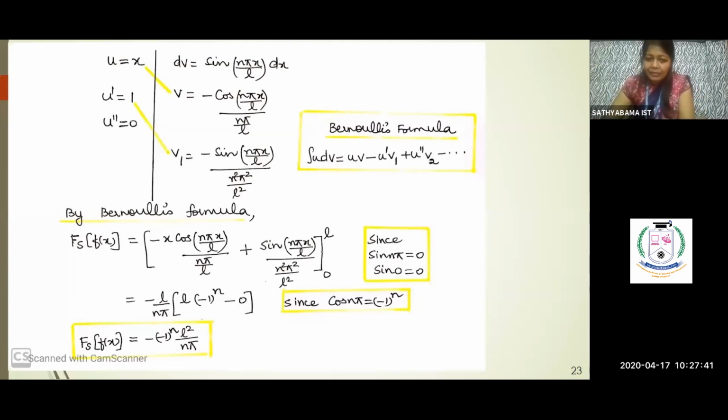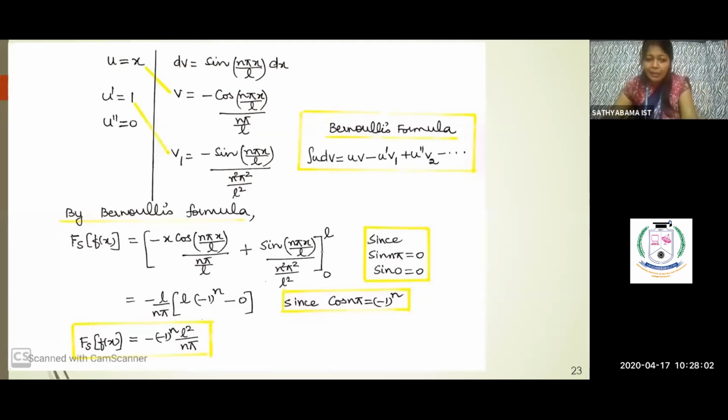Second term, when you substitute the upper limit L, when you replace x by L will get cancelled. You will be left with sine n pi. And what is sine n pi? 0. Similarly, the lower limit, when you replace x by 0, what is sine 0? Sine 0 is 0. So the second term completely vanishes. So don't look at the second term. Concentrate only on the first term.